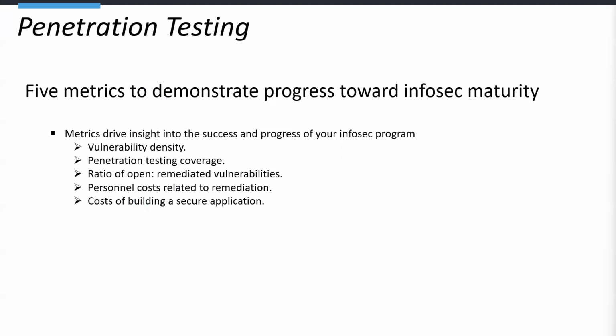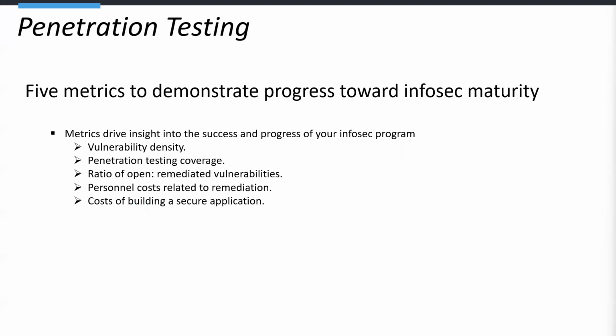density. A trend in vulnerability density is instrumental for business and risk insight. And second is penetration testing coverage. So high vulnerabilities are not the only ones to be concerned about. The attacker looks to exploit the most valuable assets at any severity level.